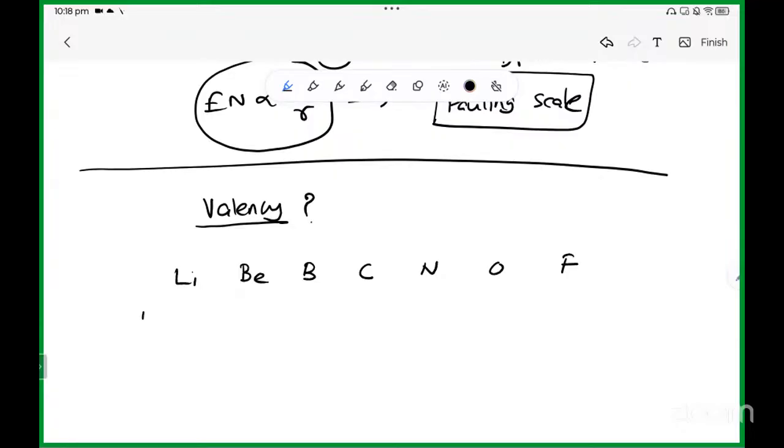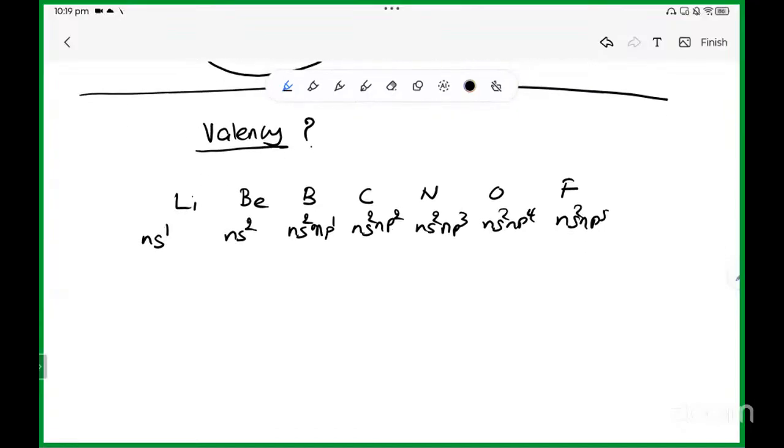The valence shell configuration is very important: ns1, ns2, ns2 np1, ns2 np2, ns2 np3, ns2 np4, ns2 np5, right? So here, in order to attain stability, lithium will release or lose one electron. So the valency is 1.